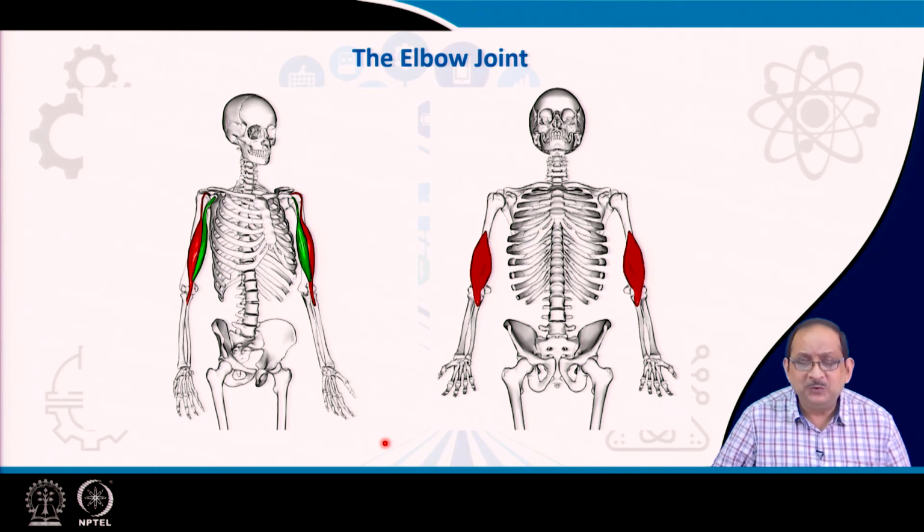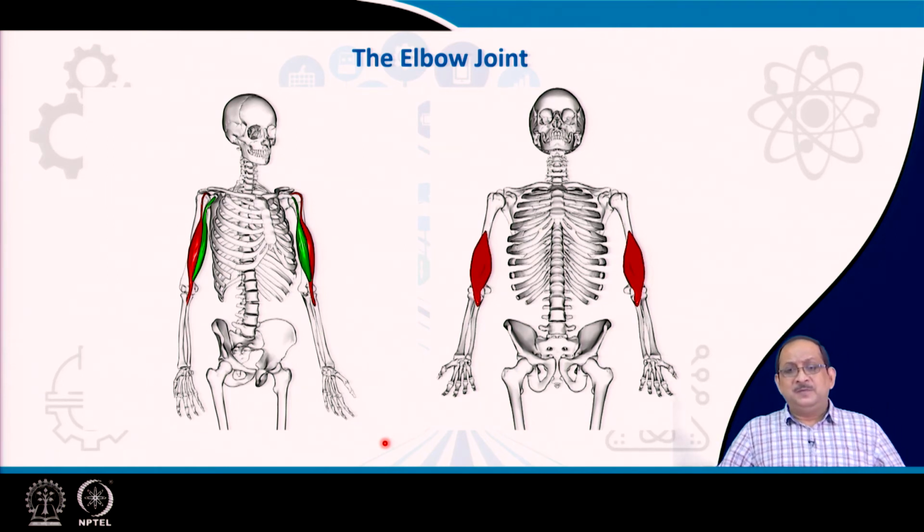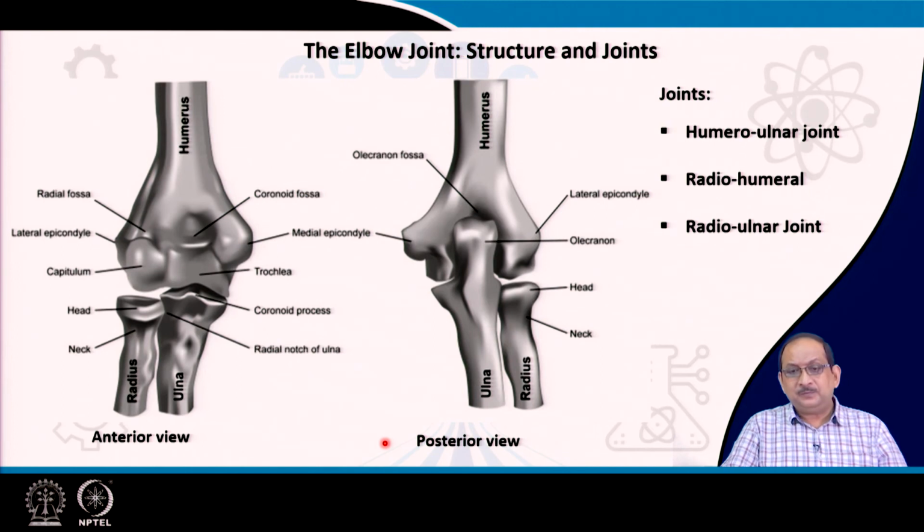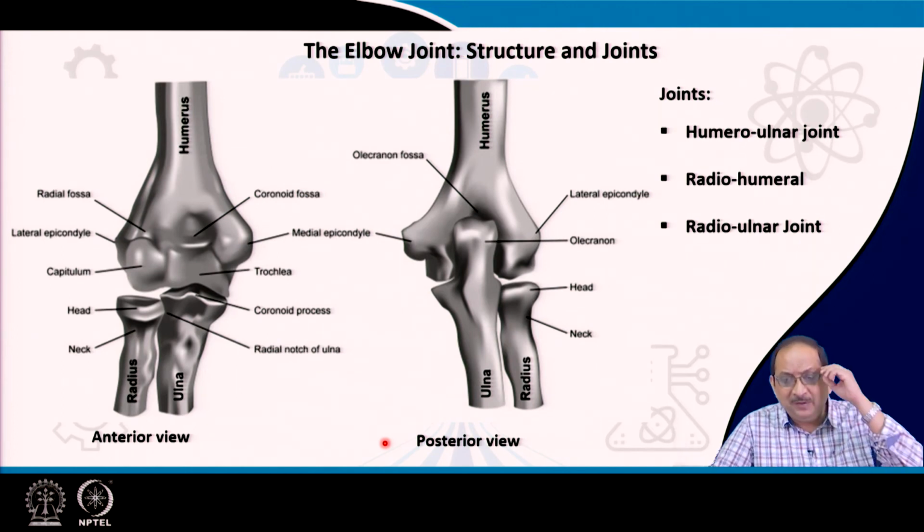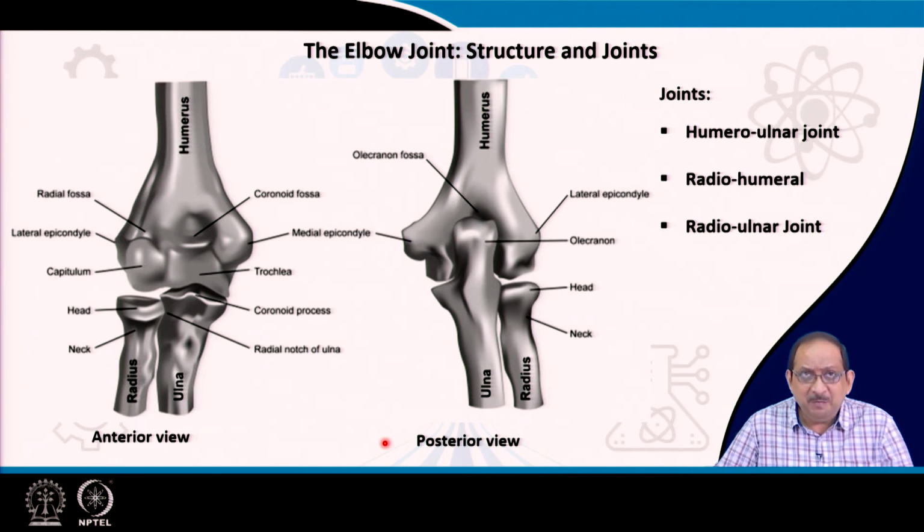Let us now come to the second part of the lecture on the elbow joint. The elbow joint consists of three main bones, that is the humerus, the radius, and the ulna.